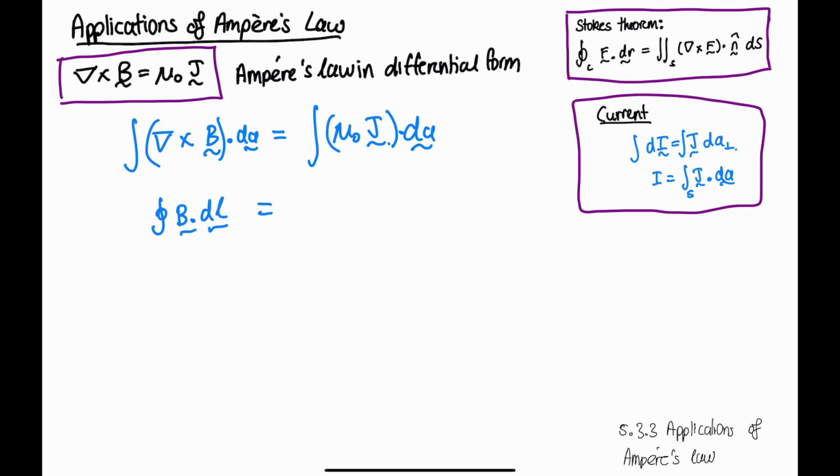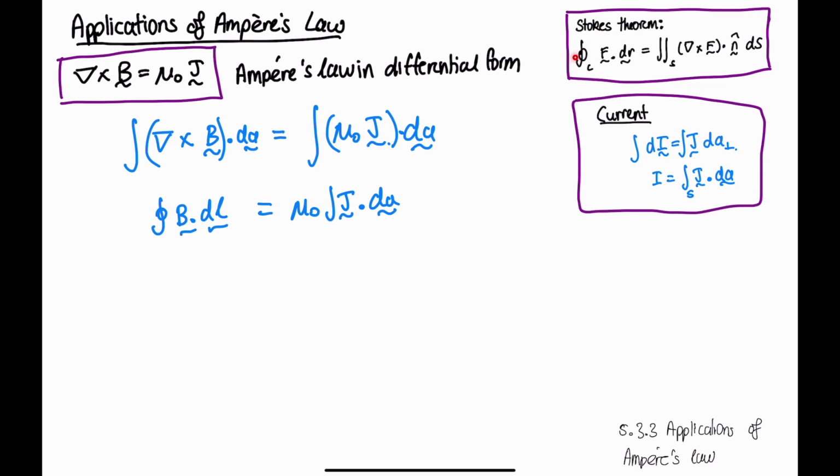And with our right-hand side here, we can pull mu naught out the front, and then we've got the integral of the volume current density over a surface, and it's the surface which is enclosed by this loop here. That's what our relationship in Stokes' law tells us.